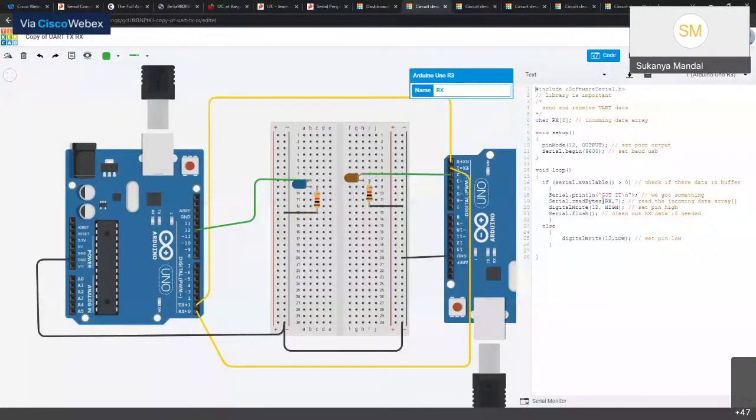That means we're just printing an acknowledgement signal once we receive the value from the transmission side. We read the bytes, we write it, and then we clean the RX data if needed. If we don't get this, we just write that there is no signal. We set digital output pin 12 to low, which means this LED won't light up. Okay, now let's look at the simulation.